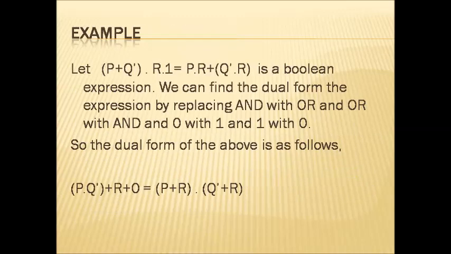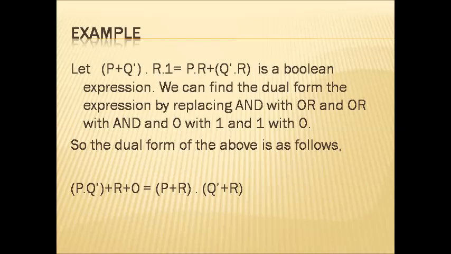Okay, here you can see an example for deriving a Boolean expression, or for finding the dual of the Boolean expression, by replacing AND with OR and OR with AND.